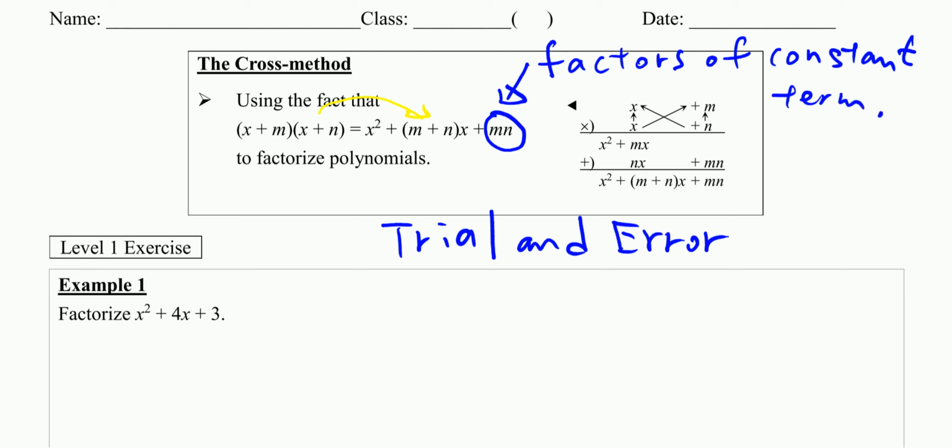So if we can try several combinations and find the one we need, and we can add up to be this type of format, we can do the inverse process, and then we can finish the factorization.